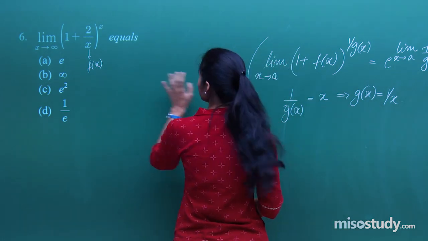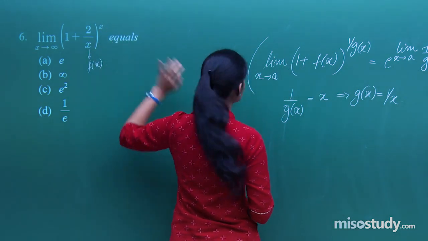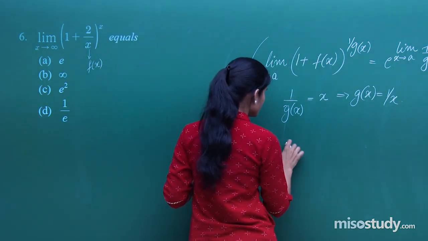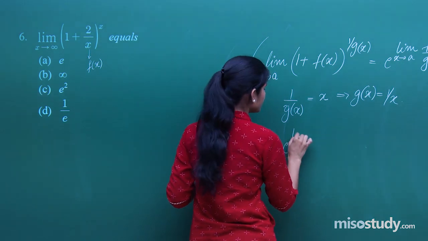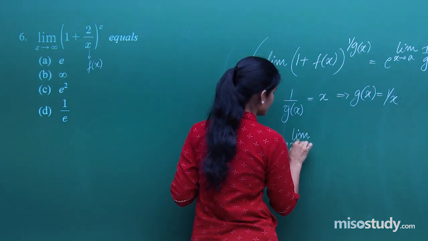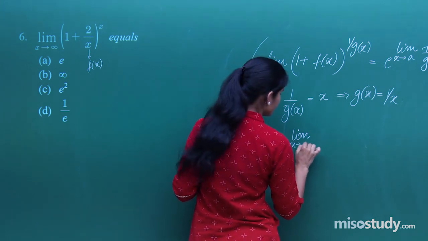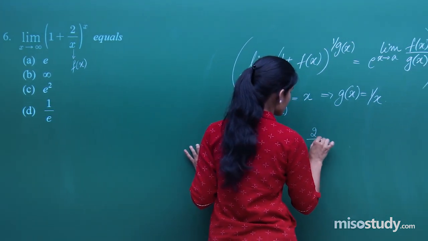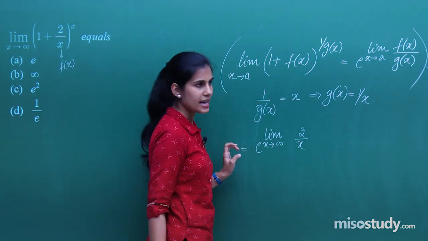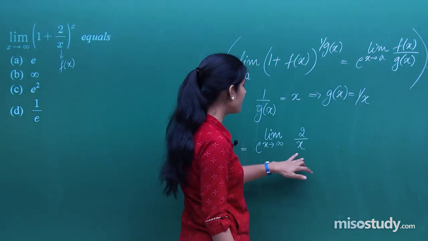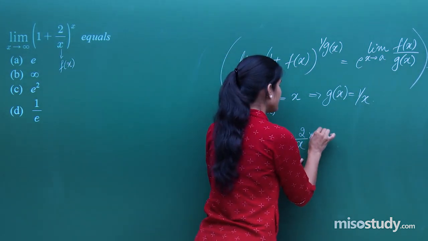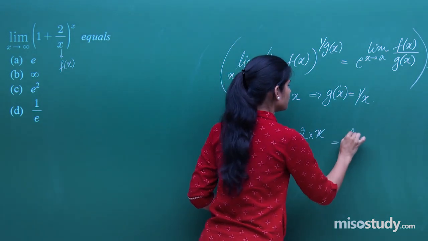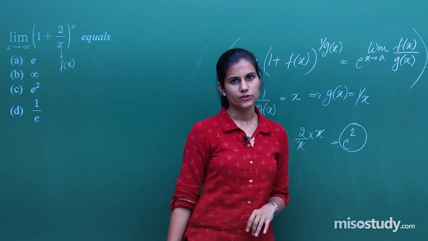So now I have limit x tends to a, 1 plus fx whole to the power 1 by gx, which is equal to e to the power limit x tends to infinity fx, which is 2 by x, fx upon gx, upon 1 by x means multiplied by x, and this gives you e square as your answer.